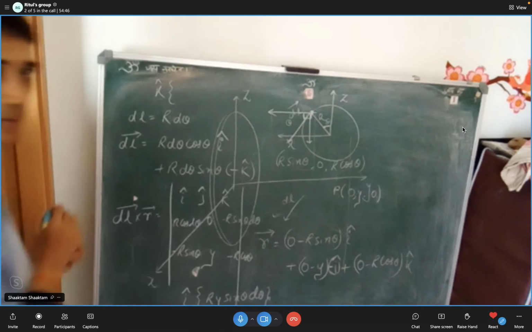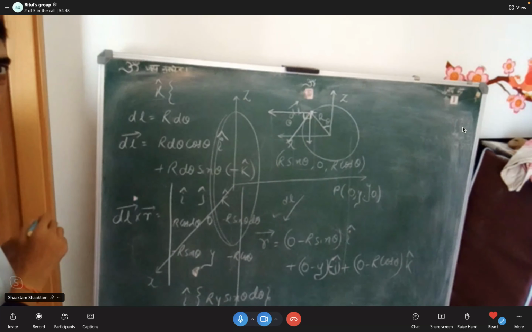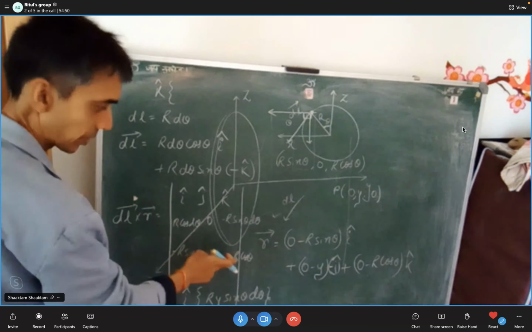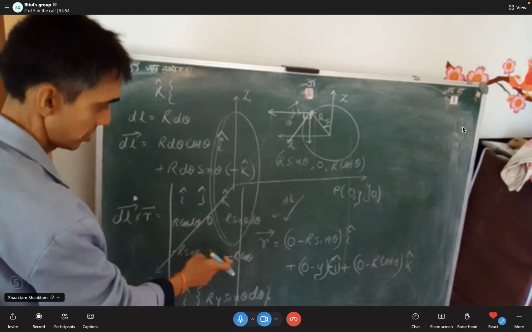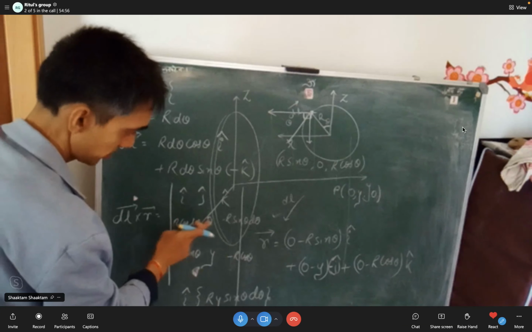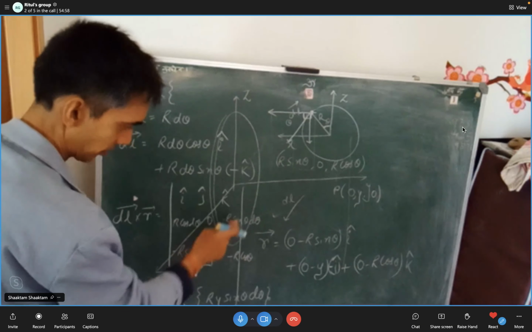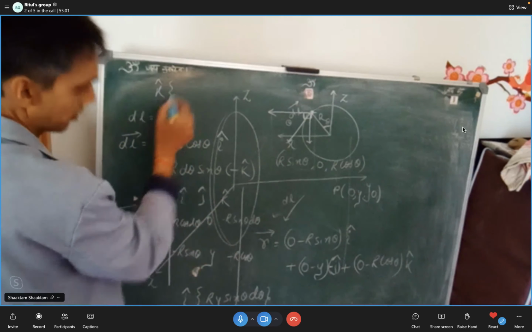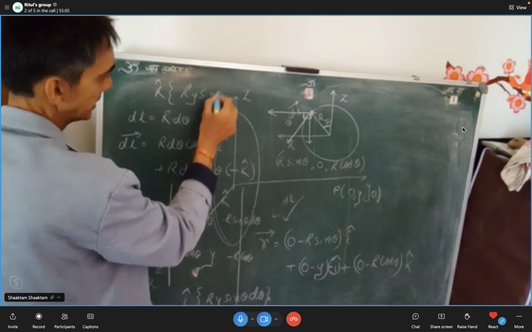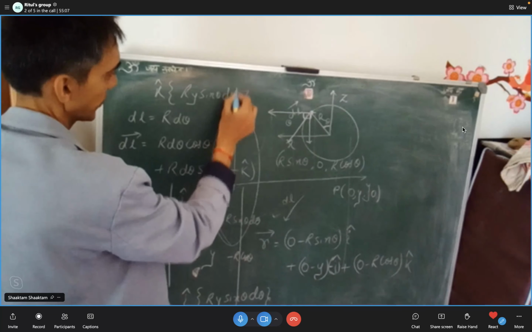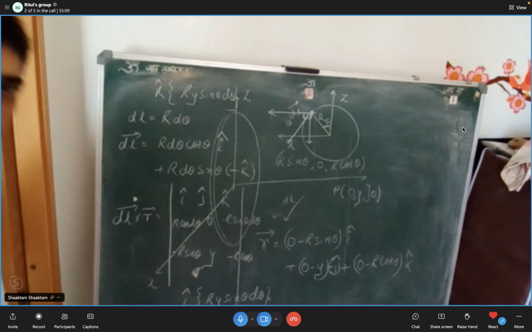Shouldn't it be r cos theta d theta times y? You're writing for k cap, so it should be r cos theta d theta times y. This one will be 0 and this will be minus of minus, so plus. So r y sin theta d theta, right?